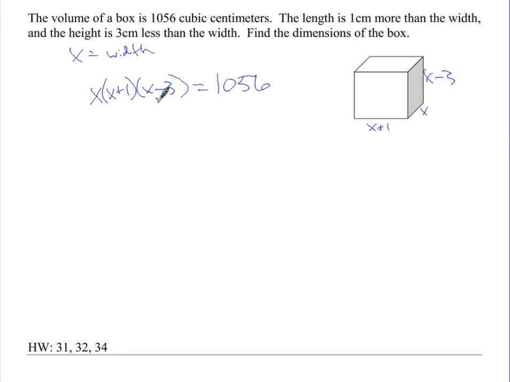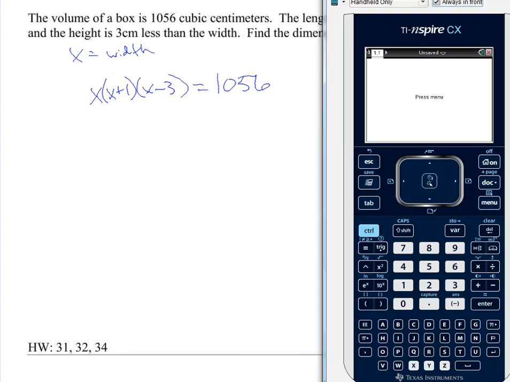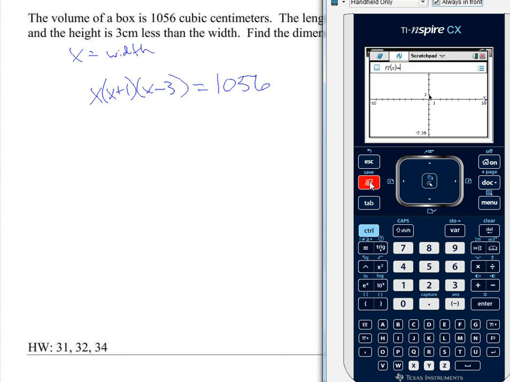My solution is to graph it. Remember to include parentheses in between.